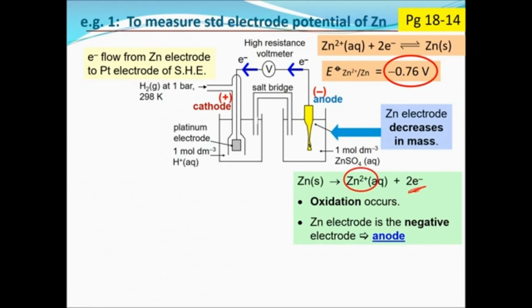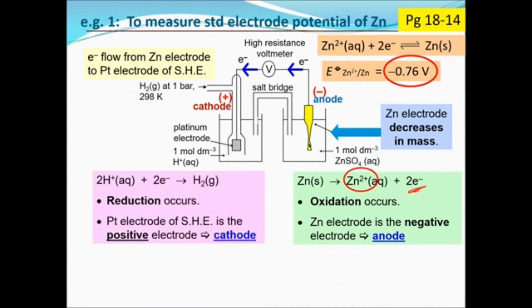While the electron moves into the other electrode, the standard hydrogen electrode, the platinum electrode in that sense, you will expect the H+ ions to take in the electron and form H2 gas. So the physical observation or the observables will be bubbles of H2 gas being formed.